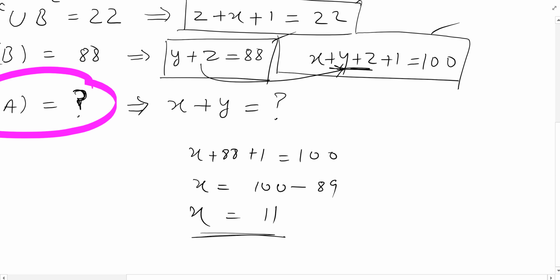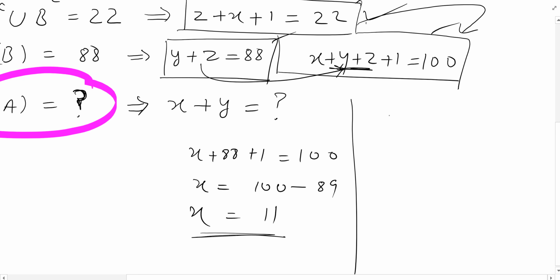So now we put it in that equation, and by substituting there, not in there. We substitute it in this equation: x plus y is that, or we can simply substitute x plus z in here.